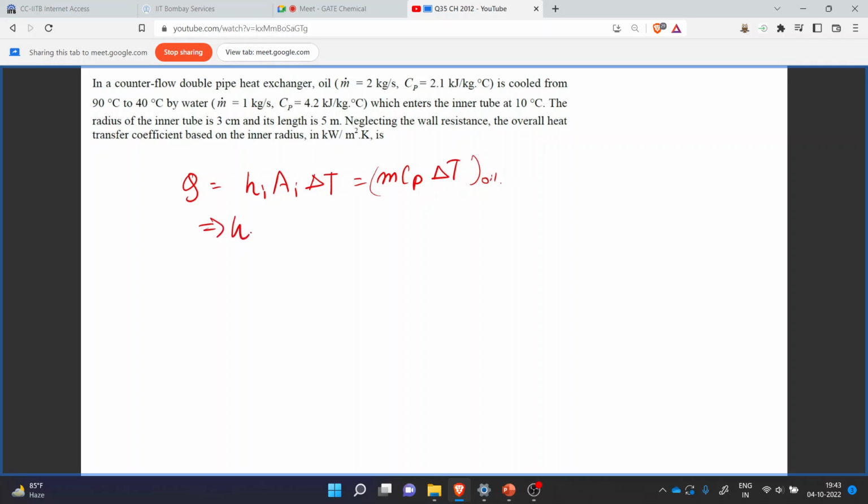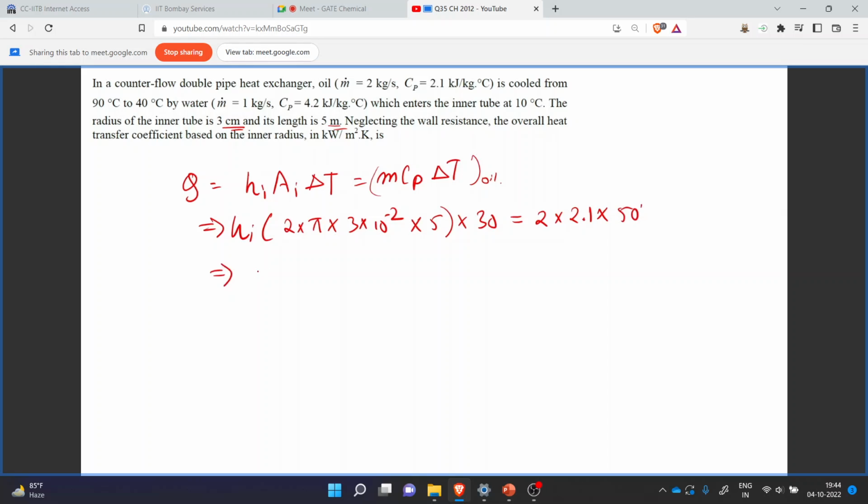That is, we can write Hi is equal to area, which will be 2 pi R L, that is 2 into pi into the radius of the inner tube, which is 3 centimeter, that is 3 into 10 raised to minus 2 meter, into length we have been given as 5 meter, into delta T, which will be 30 degrees Celsius from the earlier slide. Mass flow rate of the oil was 2, Cp was 2.1, and delta T was 90 minus 40, that is 50 degrees Celsius.